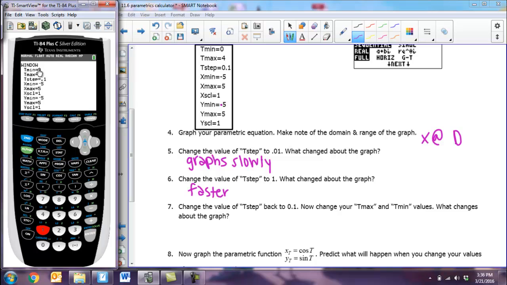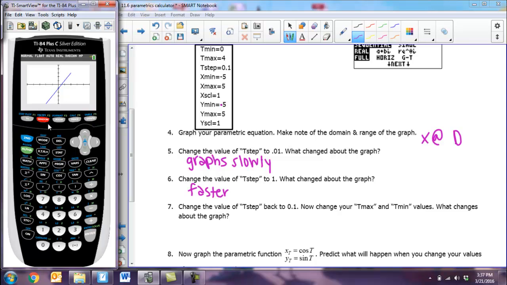If I change my t-min and my t-max values, this is also going to change something about my graph. So instead of 0 to 4, maybe I want to go -2 to 2. That's the same amount of points, but what's going to change about the graph? If I look, my graph now starts at a different point and ends at a different point.